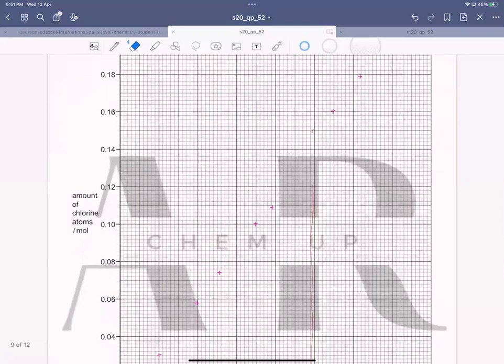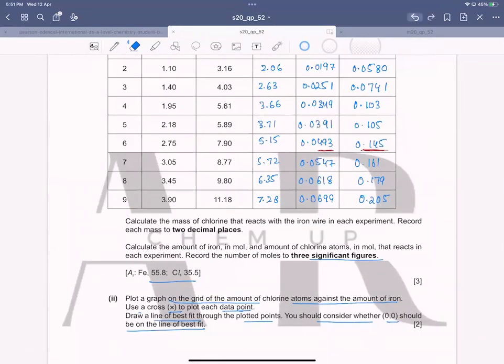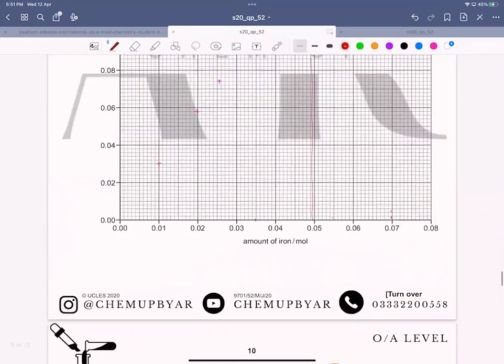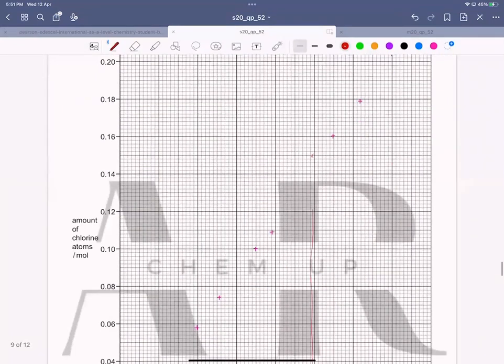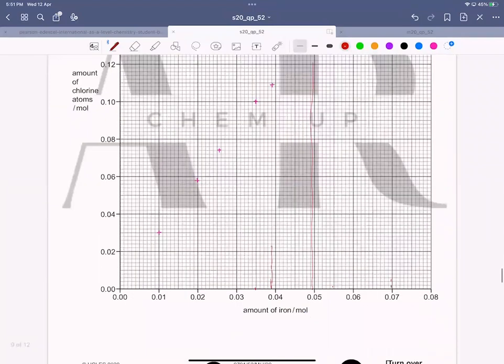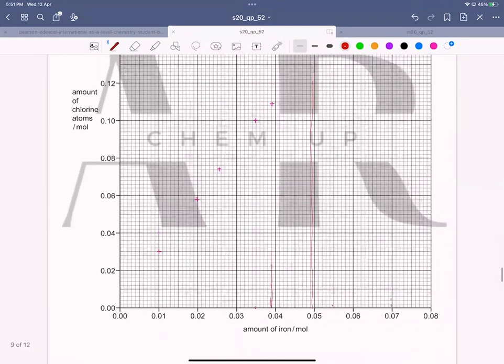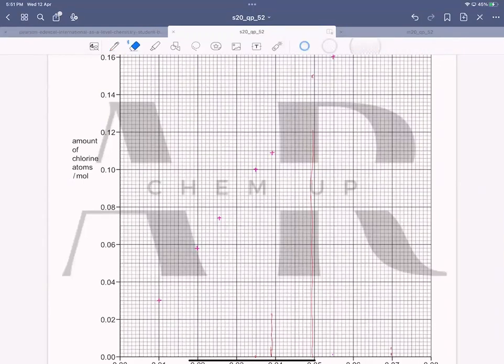I will draw this line again, and at 0.039 the value is 0.145. Okay, that would be over here.